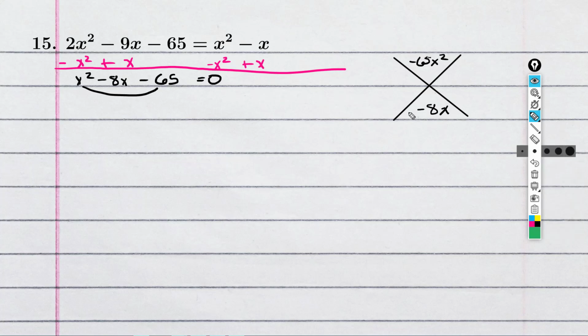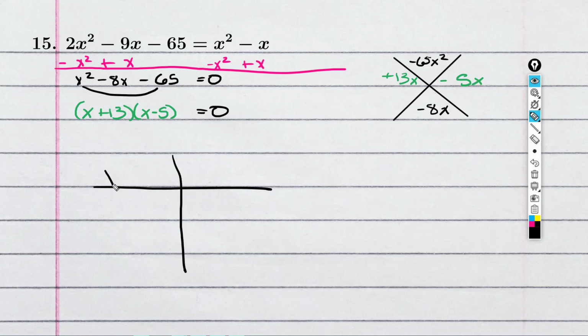Now let's look for the two factors that will multiply to get us 65. We'll add to give us a negative 8. And when we do that, you come up with a positive 13x and a negative 5x. So our parentheses will be x plus 13 and x minus 5 is equal to 0.